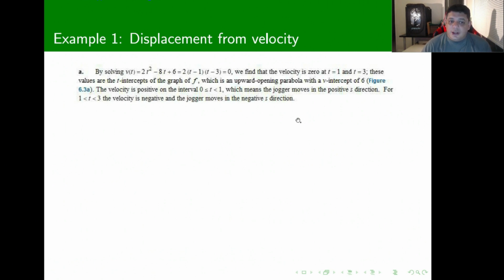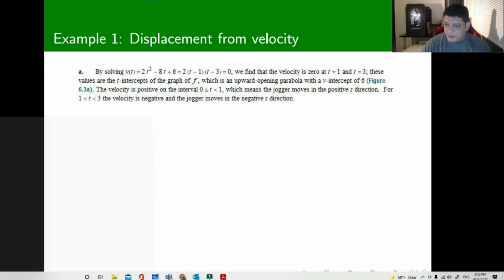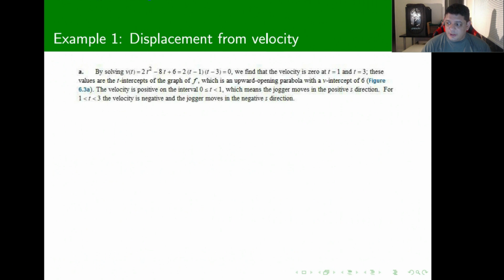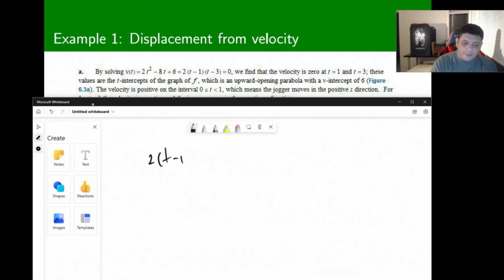Now the velocity on 0 to 1 means that the jogger is going to move in the positive direction. And we can check this very quickly here on the board. So 2 times (t minus 1)(t minus 3). And remember that we care about the interval 0 to 3, but this is split at 1.